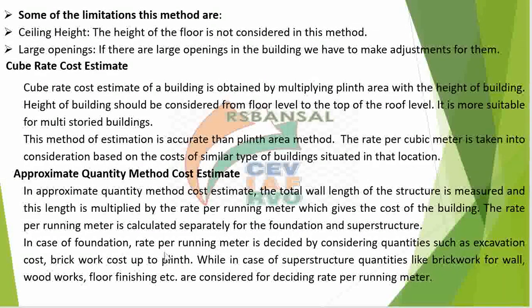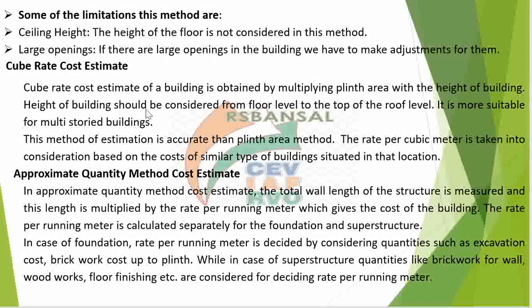In case of foundation, rate per running meter is decided by considering quantities such as excavation cost, brickwork, and brickwork cost up to plinth. While in superstructure, we consider quantities like brickwork for the walls, woodwork, floor finishing, roof slabs, etc. for deciding the rate per running meter.